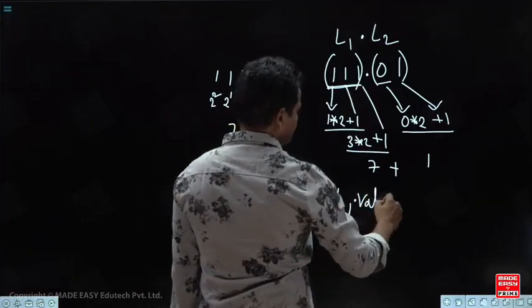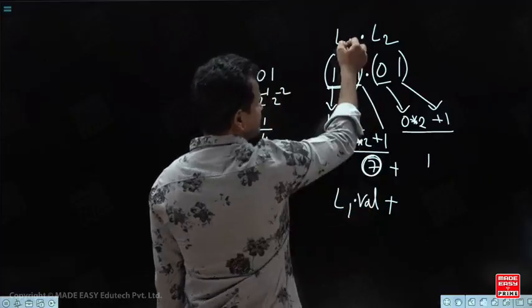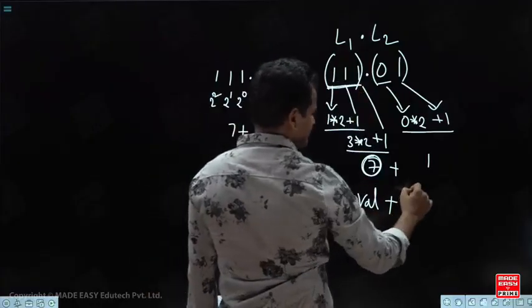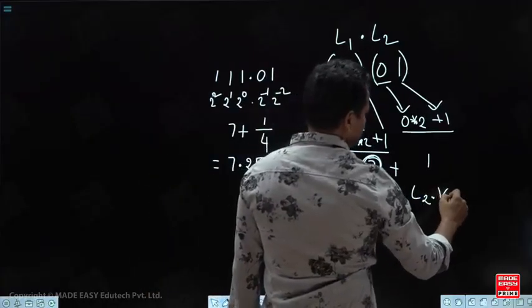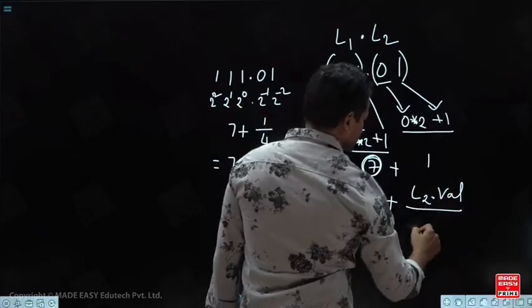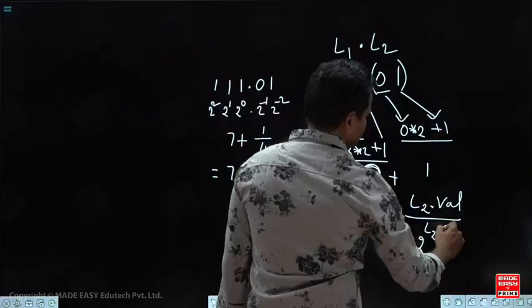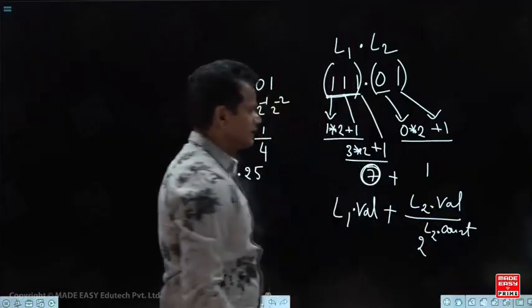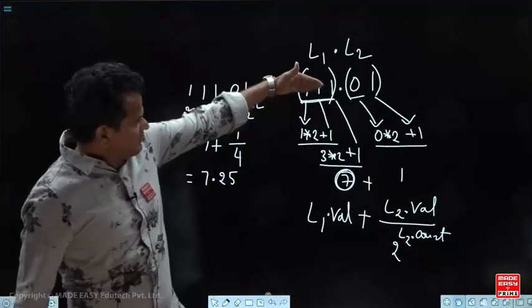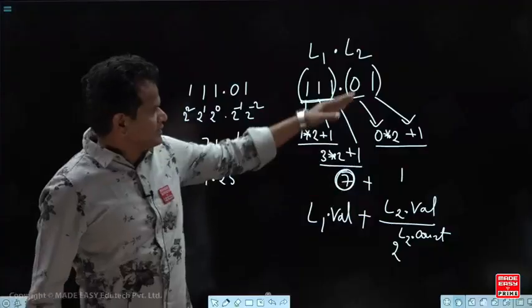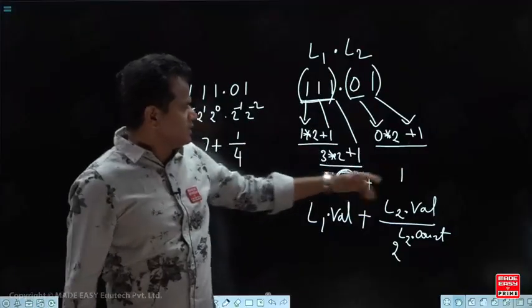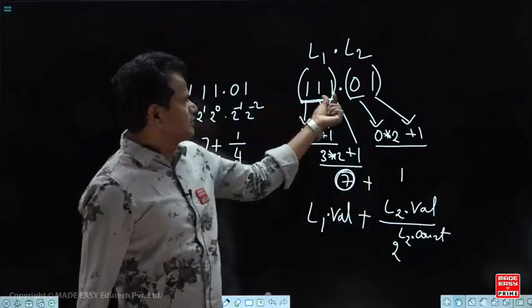What is L2.value? 1 by 2 to the power of L2.count. Are you following? This I convert into decimal, 7, and this also I convert into decimal, 1. So what is the final result of this 111.01?